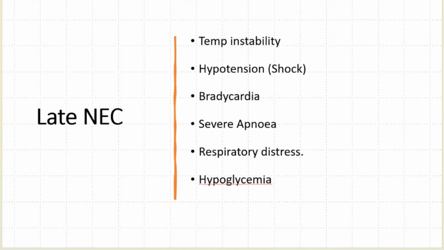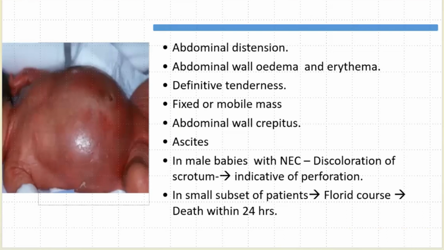If we go further to advanced NEC, apart from the vital instability, the baby may develop hypotension, shock, bradycardia, severe apnea, and severe respiratory distress. Clinical findings: the abdomen will be more distended, and abdominal wall edema, erythema and definite tenderness may be seen.